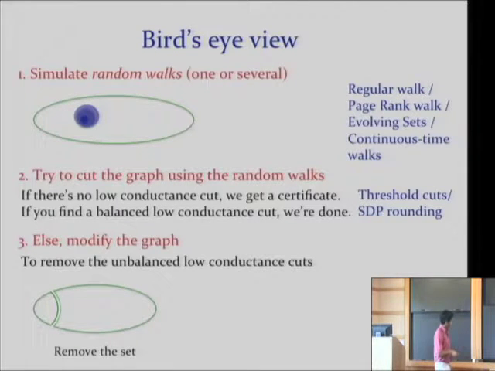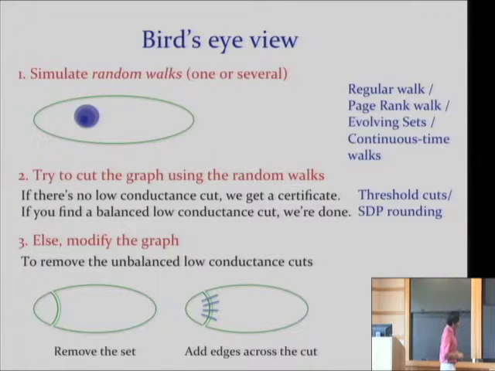So you'll just cut out the small unbalanced low conductance set. A lot of other algorithms decide, let the cut remain in the graph, but I'll ensure I don't find it again. So what do I do? I add several edges across the cut. And you can decide to do it in different ways. You can use matchings, you can use flows, and we'll actually add stars across this cut.